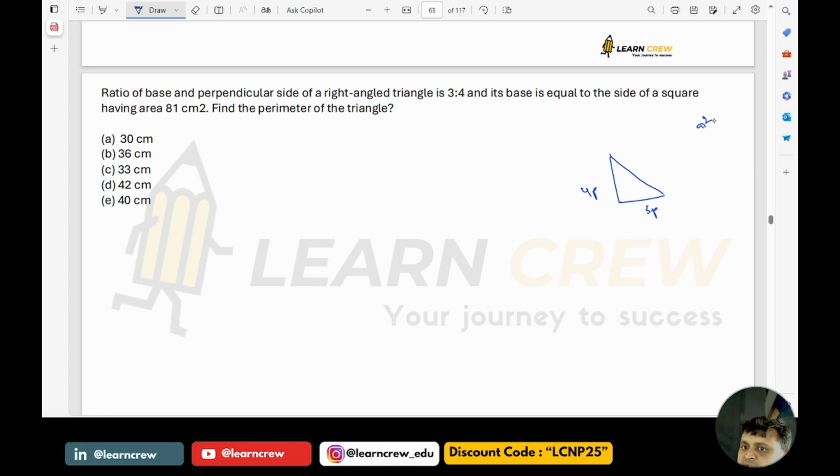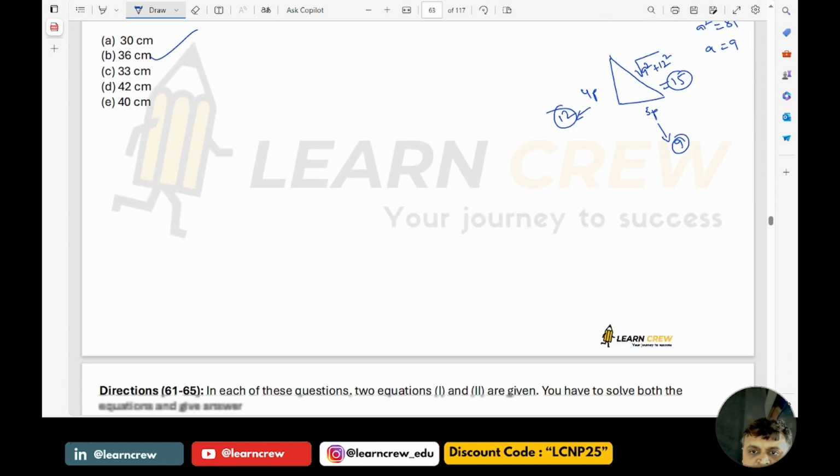Square area 81 means side would be 9. So 3 parts is 9, so 4 parts would be 12. Find the perimeter. The hypotenuse is root of 9 square plus 12 square, which is 15. So 15 plus 9, 24. 24 plus 12, 36 is the perimeter.